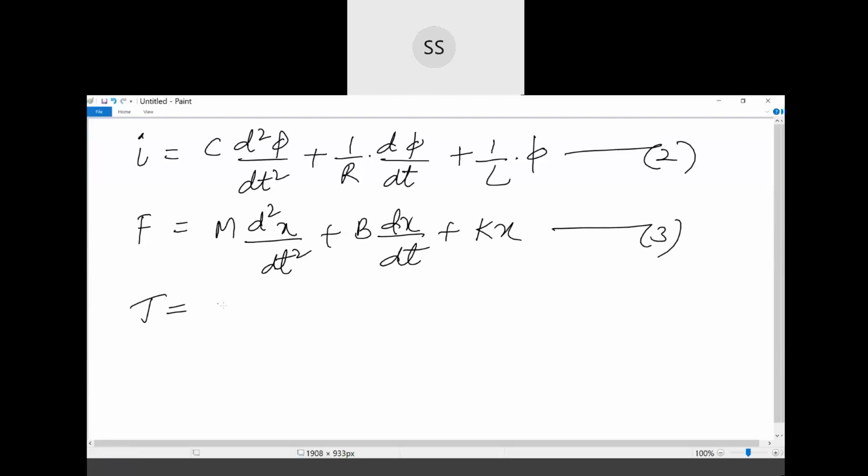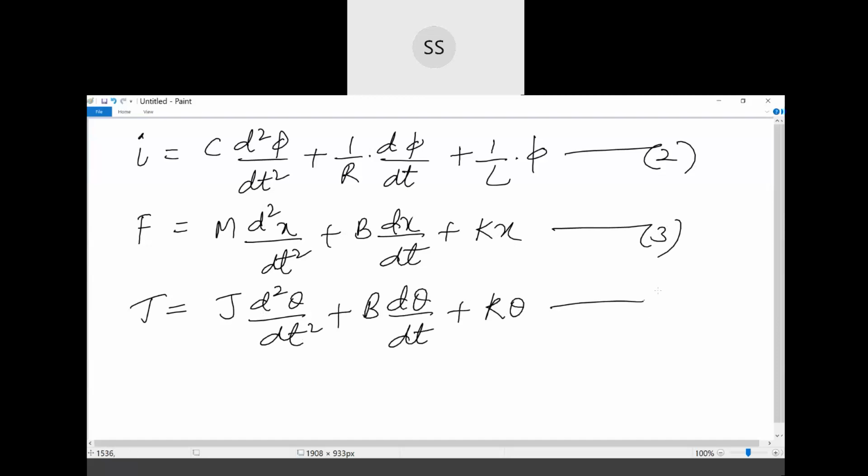The torque equation is T equal to J into d square theta by dt square plus b into d theta by dt plus k into theta, equation 4.